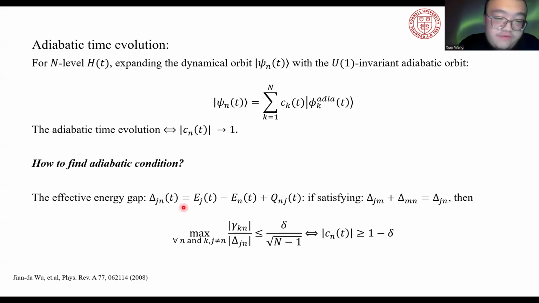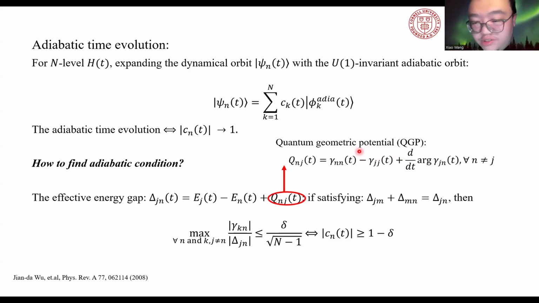And this effective energy gap is given by the difference of the instantaneous energy levels of the instantaneous Hamiltonian together with this so-called quantum geometric potential. So here the quantum geometric potential is given by the difference of two diagonal Berry connection matrix elements of the instantaneous eigenstates.